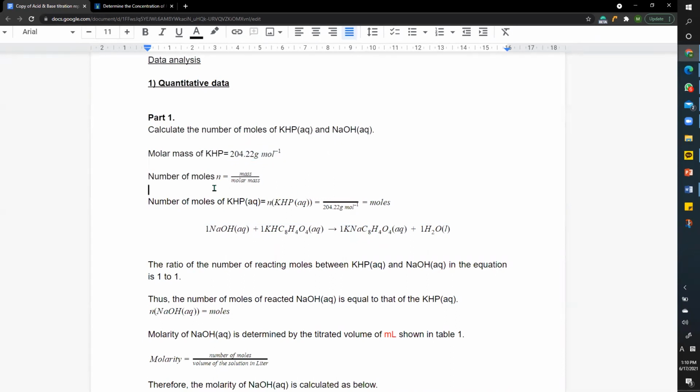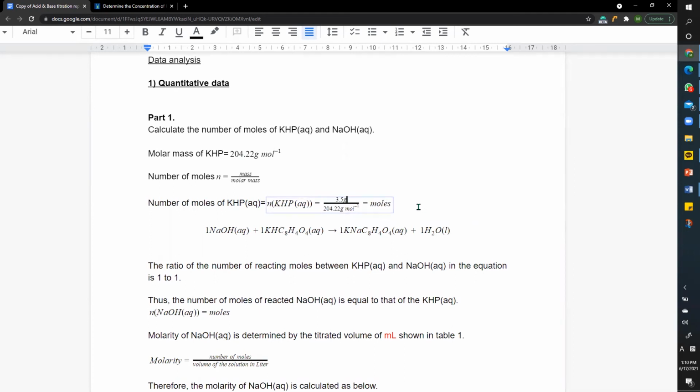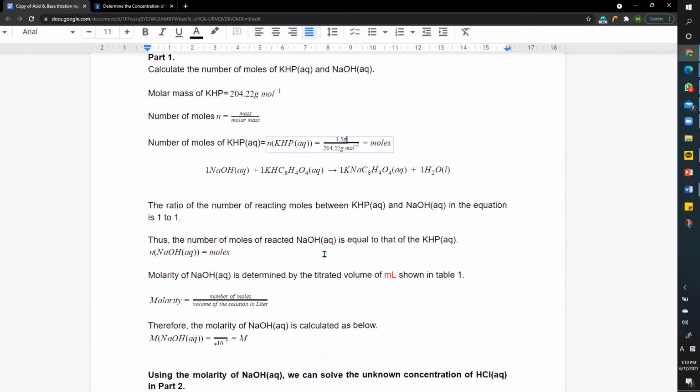And we know the number of moles is calculated by mass over molar mass. And we know the molar mass is here. And mass, we put 3.5 gram, right? So we can calculate the moles.